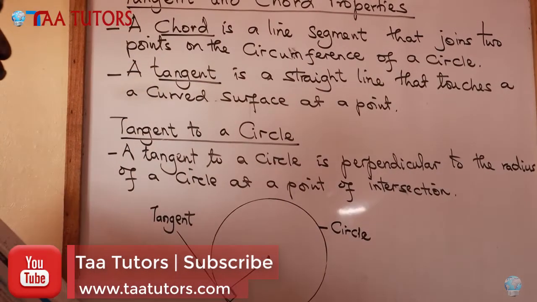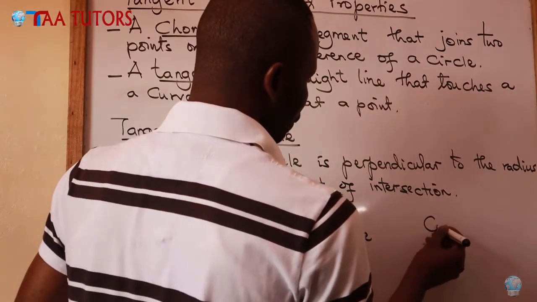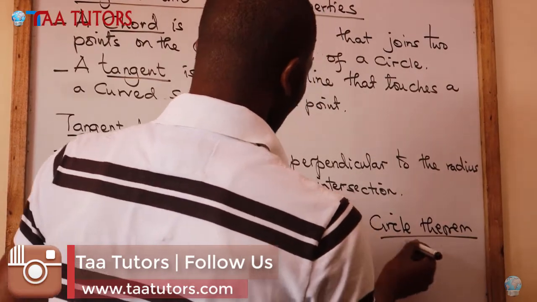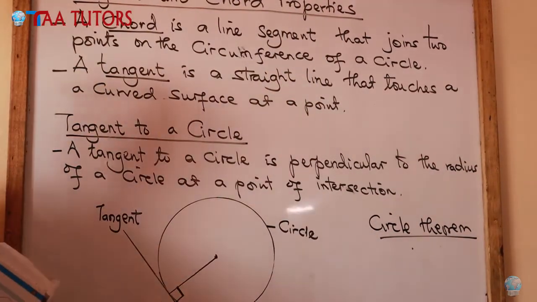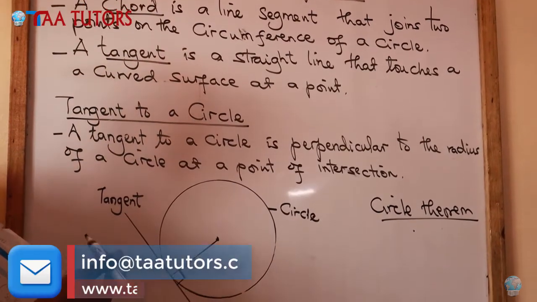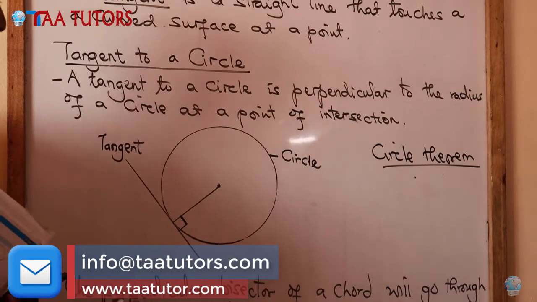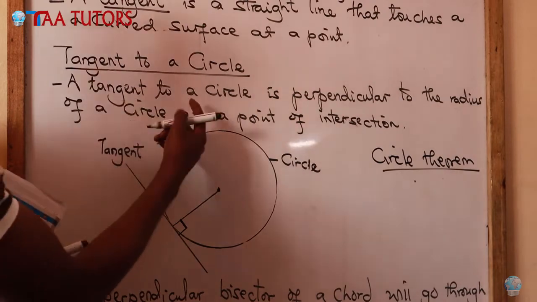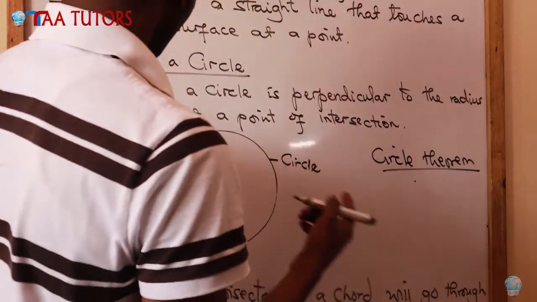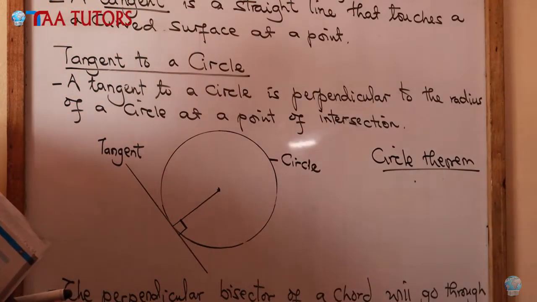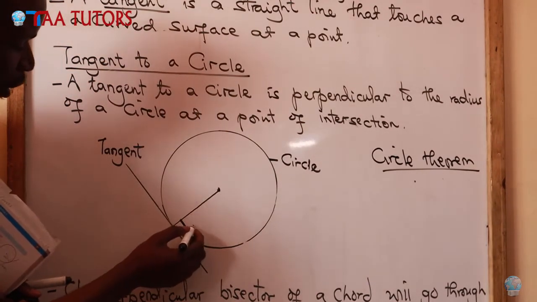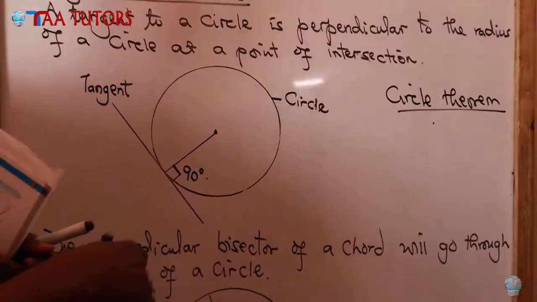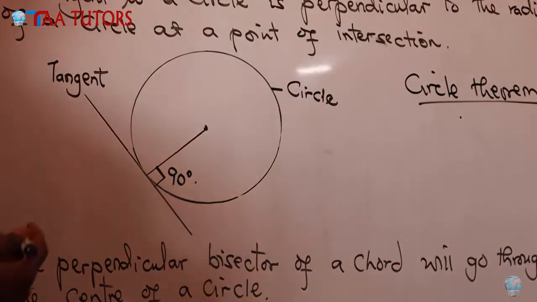When you did angle properties in circle theorems, you were able to understand that the radius of a circle is perpendicular to the tangent of that circle at the point where the radius and the circle meet. That's what we have stated here: a tangent to a circle is perpendicular to the radius of a circle at the point of intersection. So the angle between this one and this one here is 90 degrees. And we are going to see how this can be applied in coordinate geometry, when we are relating straight lines and equations of circles.